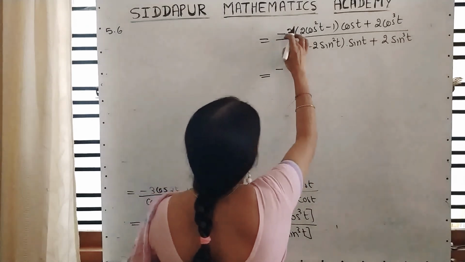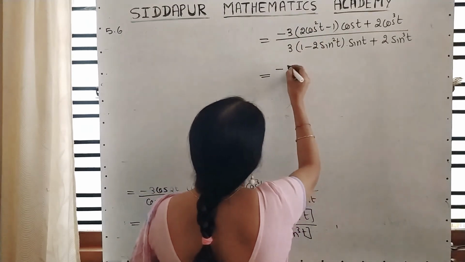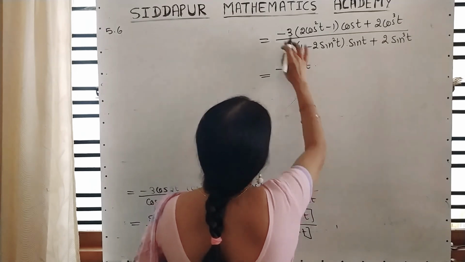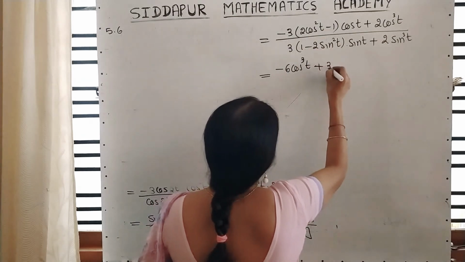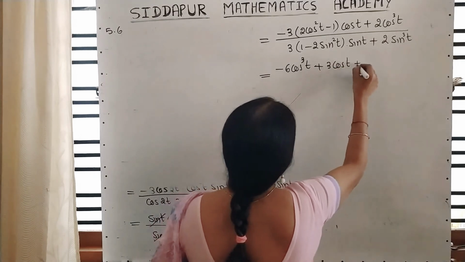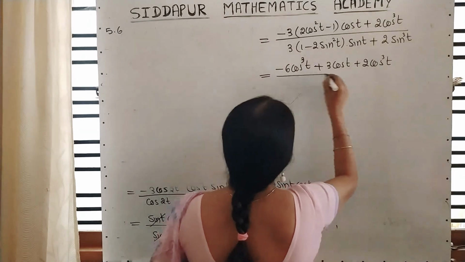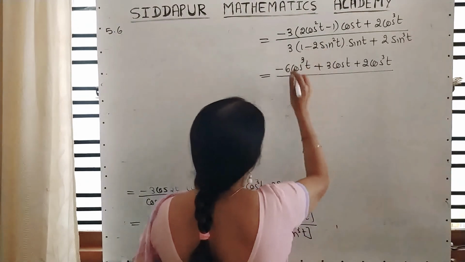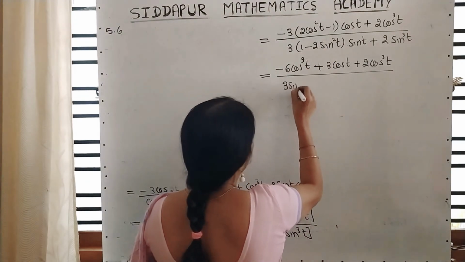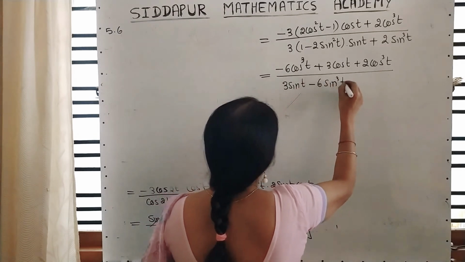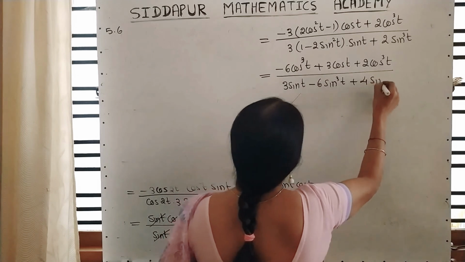Here I took minus 3 and cos at the same time: minus 6 cos cube t, minus into minus plus 3 cos t plus 2 cos cube t, divided by 3 and sin both at a time: 3 sin t minus 6 sin cube t plus 4 sin cube t.